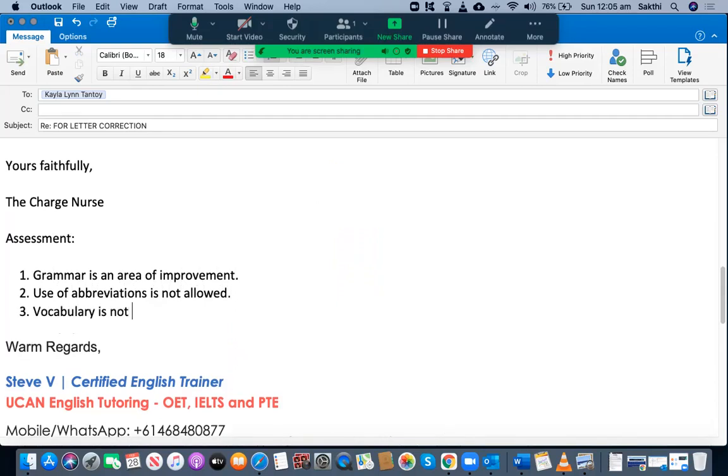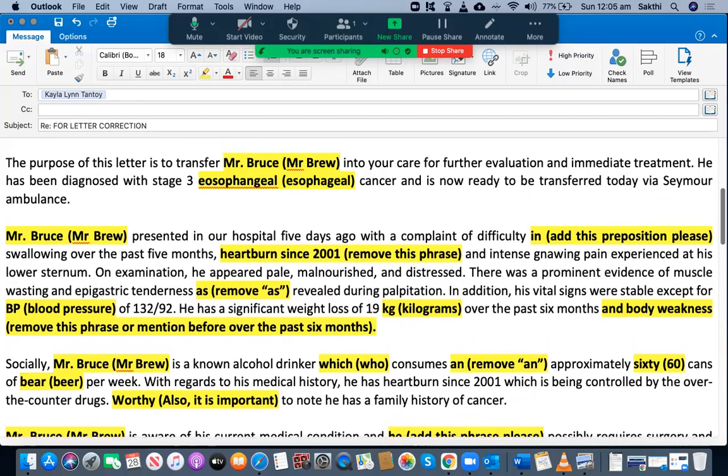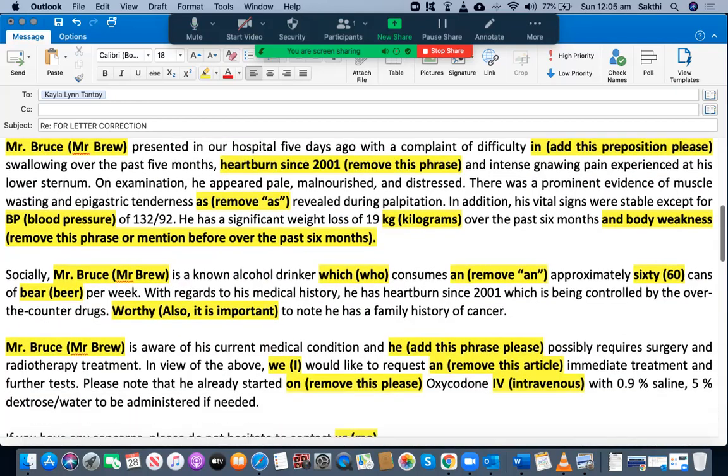Vocabulary is not up to the mark because you have to use more synonyms and formal words instead of using informal phrases. Okay, that's an issue. And then use of articles and prepositions is not good. That's very bad.